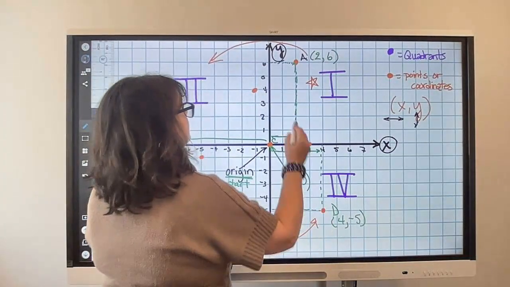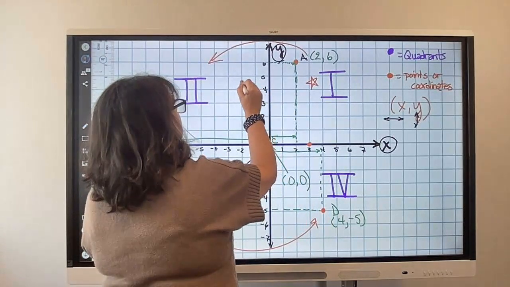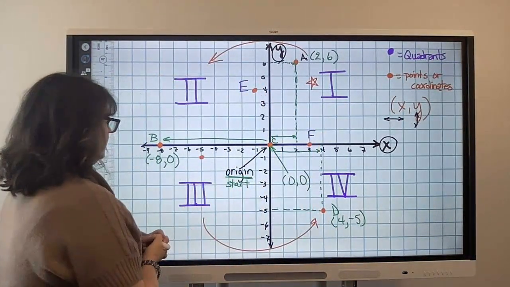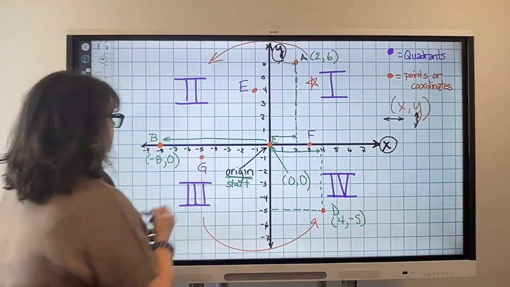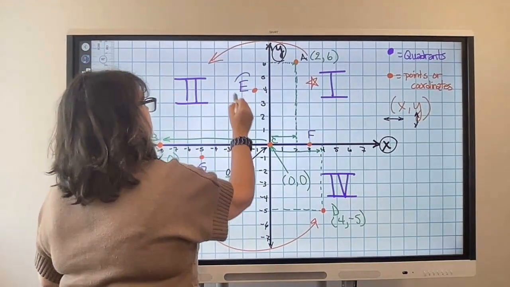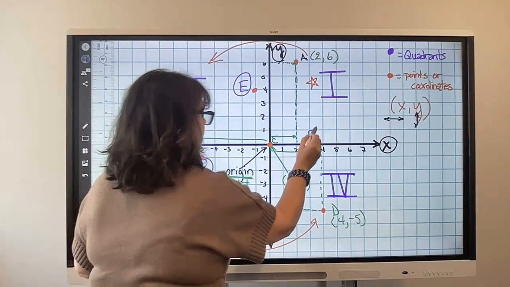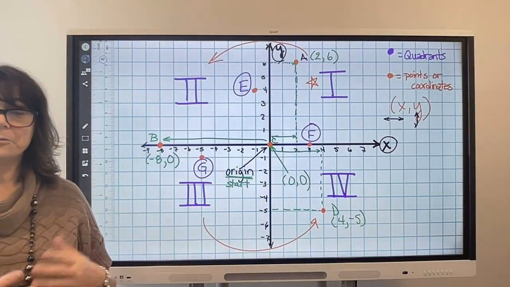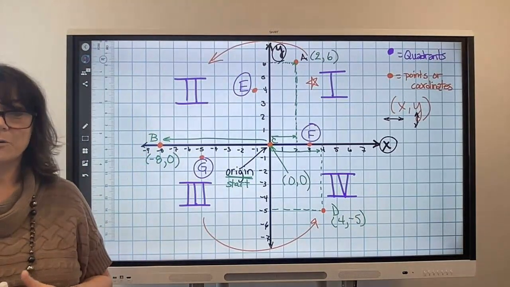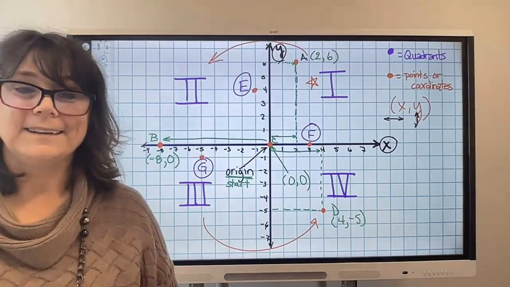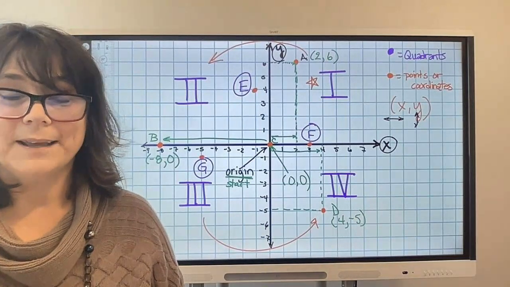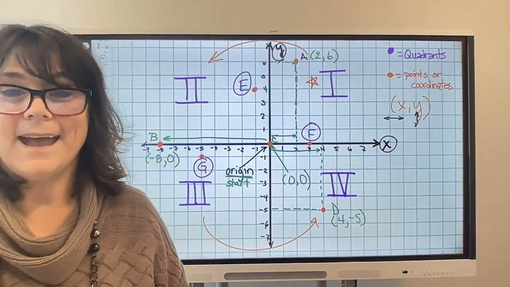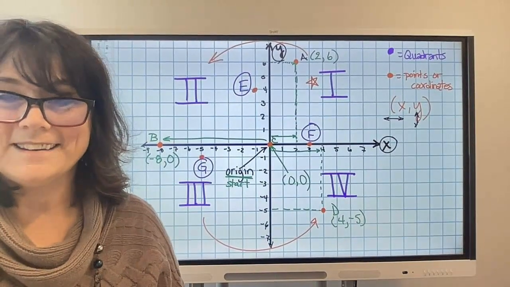So let's say that this is point E, this is point F, and this is point G. If you send me the correct coordinates of those three points, I will give you extra credit on your last quiz. So go to it, message me, and let's get that extra credit done.